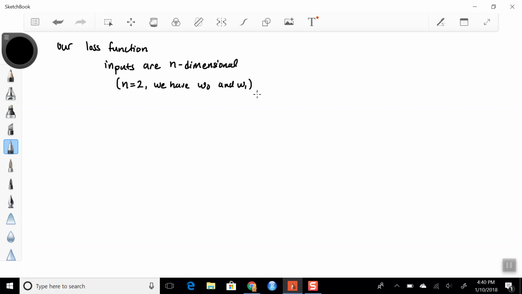We have two values in our w vector. The inputs are n-dimensional, and it goes into our function of w, and it outputs to one dimension.